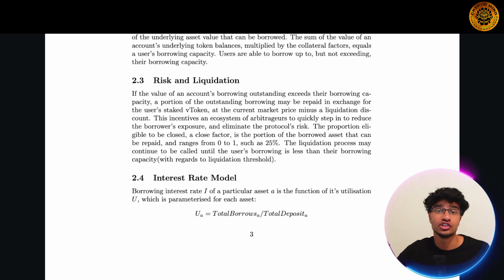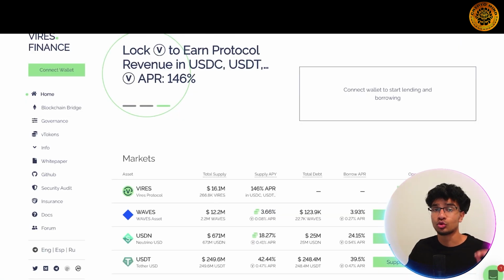The proportion eligible to be closed, the close factor, is the portion of the borrowed asset that can be repaid and ranges from 0 to 1, such as 25%. The liquidation process may continue to be called until the user's borrowing is less than their borrowing capacity with regard to the liquidation threshold. So there is some great opportunity in liquidation, but of course that does come with a little risk.